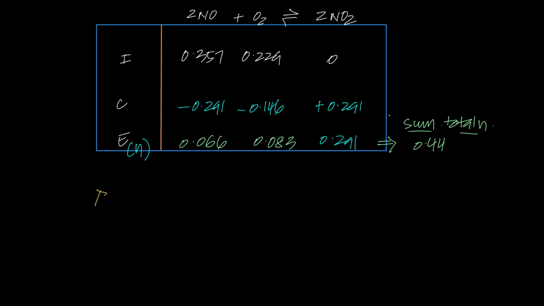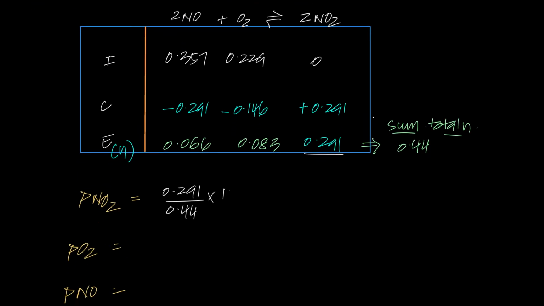Because now you can calculate the partial pressures at equilibrium. How do you calculate the partial pressure of NO2 at equilibrium, partial pressure of O2 at equilibrium, partial pressure of NO at equilibrium? Sir, it's a piece of cake now, because I have the moles at equilibrium. For NO2, it's 0.291, the moles, divided by the total moles, multiplied by the total pressure, which is 100 kilopascals.